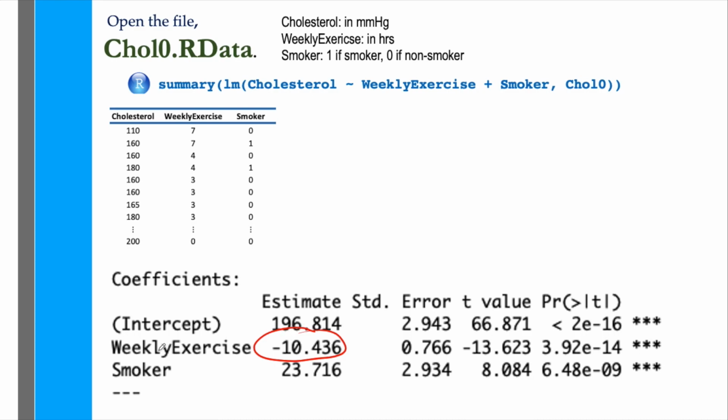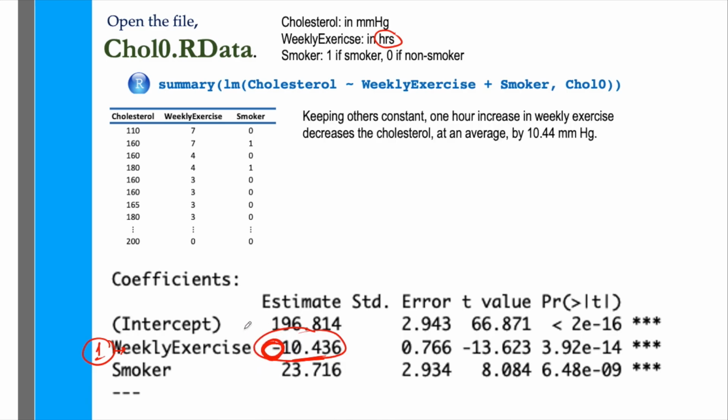It indicates that 1 unit increase in weekly exercise, or in other words, for every 1 hour increase in weekly exercise, cholesterol decreases on average by 10.44 millimeters of mercury, keeping other variables constant.